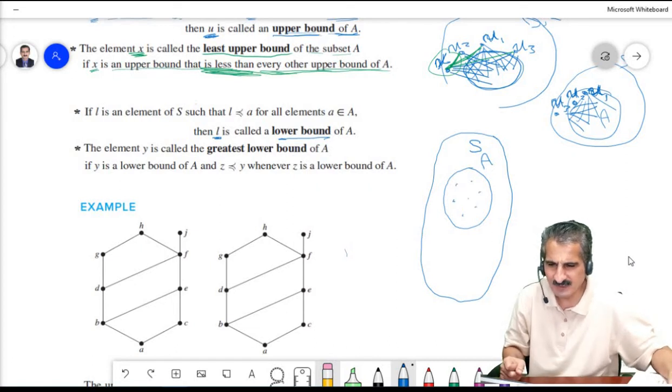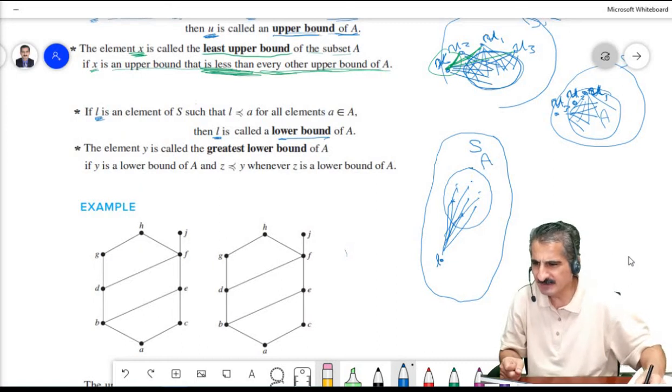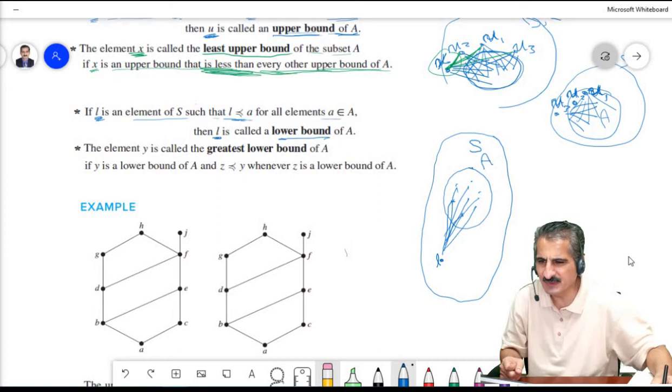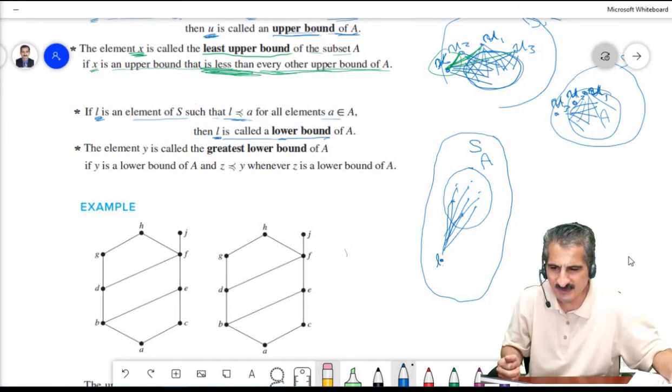We will say that an element L is a lower bound if it is smaller than all elements of A. This is what we are saying here. An element L of S, if it is smaller than all elements in A, then L is called a lower bound. L might be inside the set. So let me say this is a lower bound.